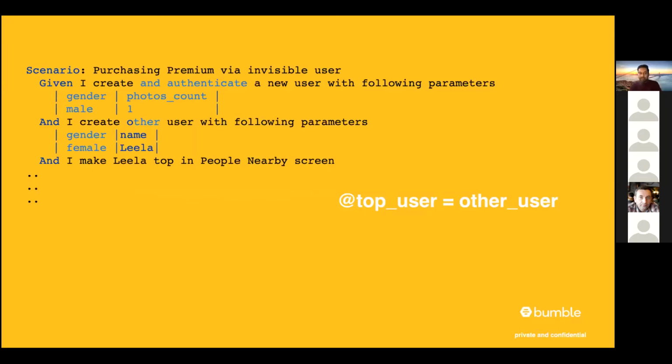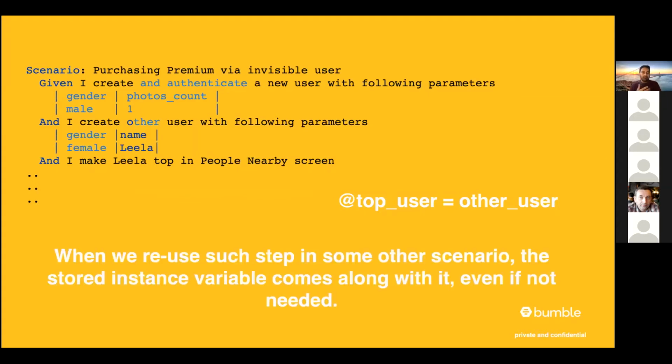And then we were using this instance variable in some API to do a certain action. Now, when I try to reuse such a step in another scenario, the stored variable just comes along with it, even when I don't need it. So every time I use this step in some other scenario, this instance variable will get initiated, and it's not mandatory that I might need it there.